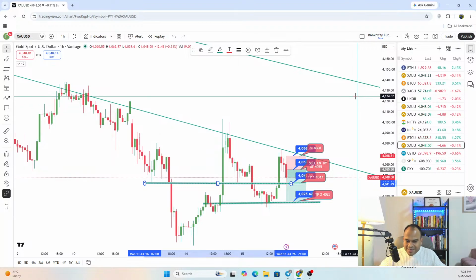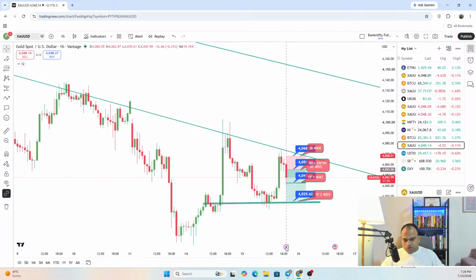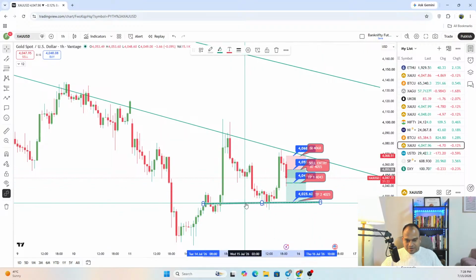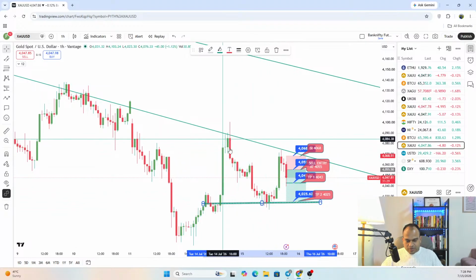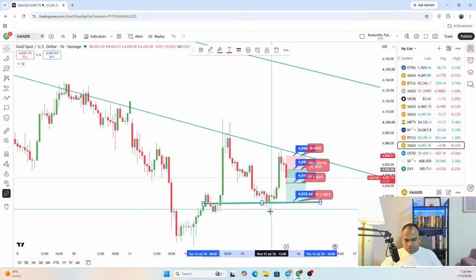If you can observe and identify where the liquidity lies, then entry, exit and TP all become a little easier. This was a liquidity zone, and therefore I kept my TP1 here at 4043. And this is another liquidity zone. I could see the market spending a good amount of time in this zone, and last time when the market came here, it took a reversal. So it's kind of a support area.